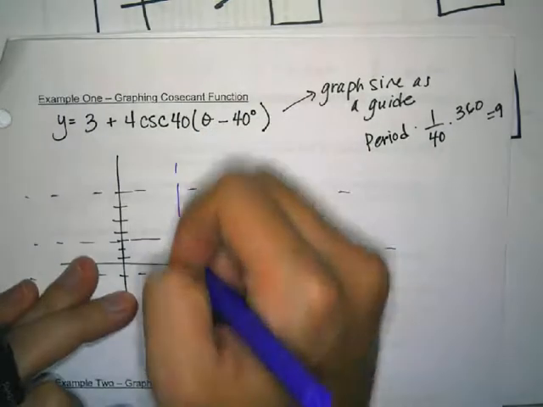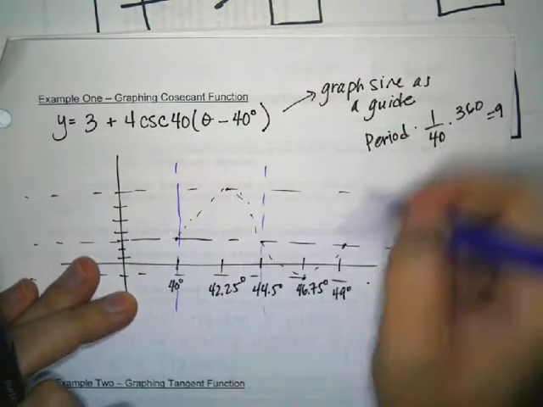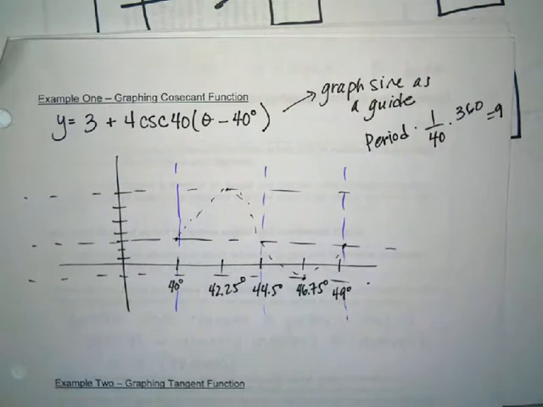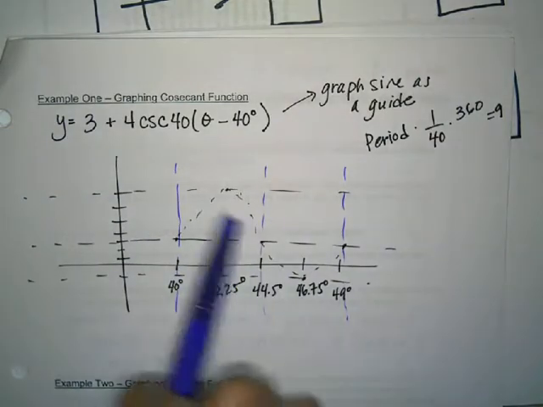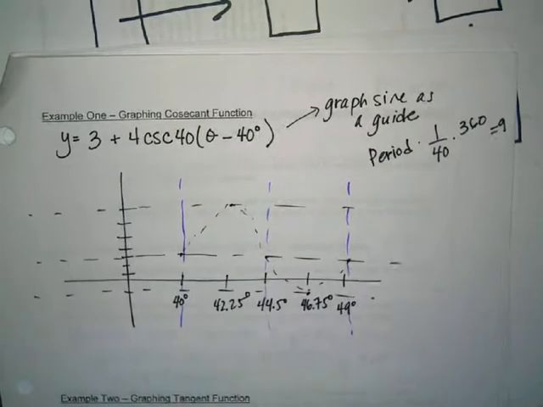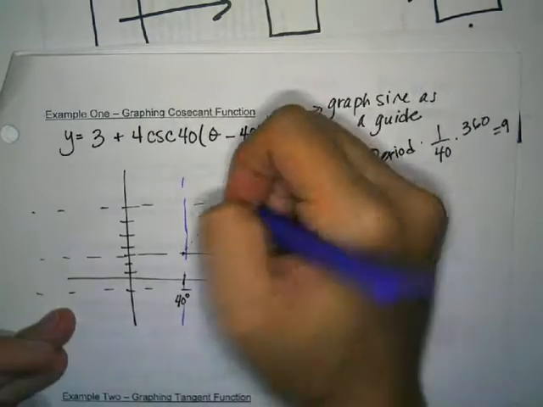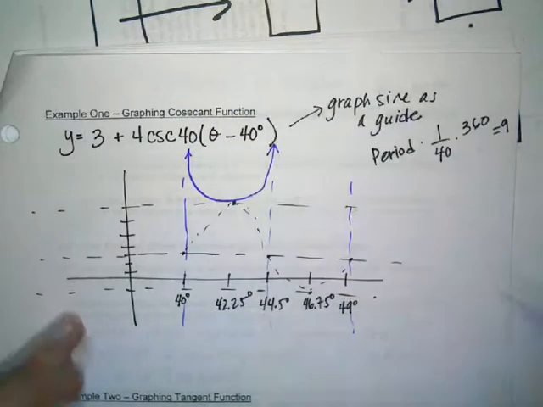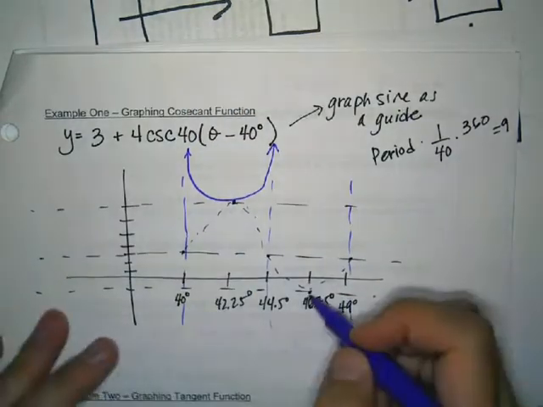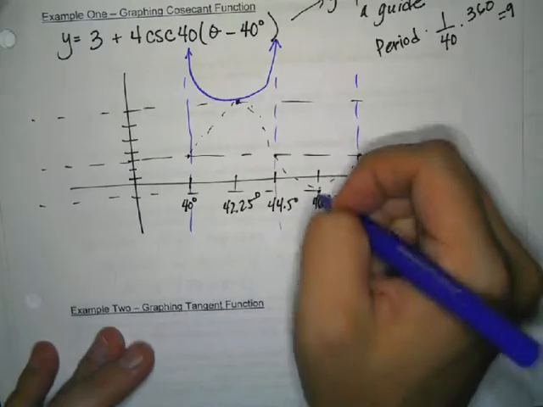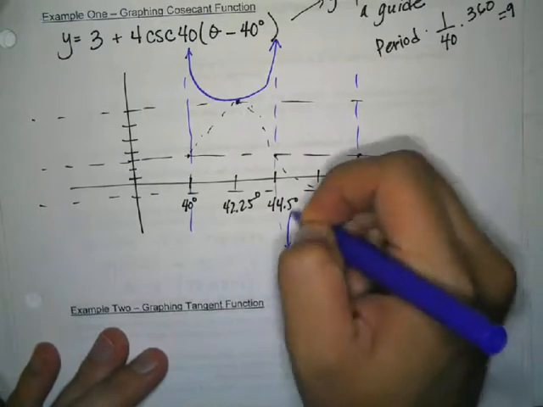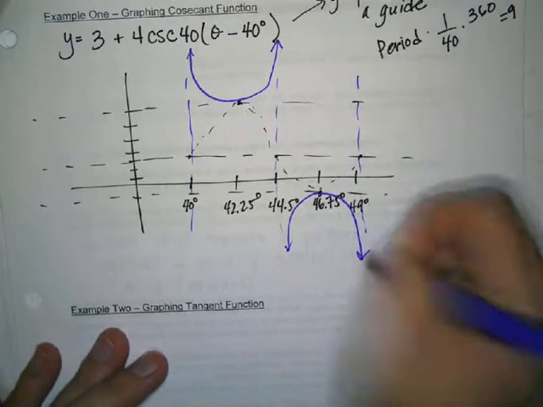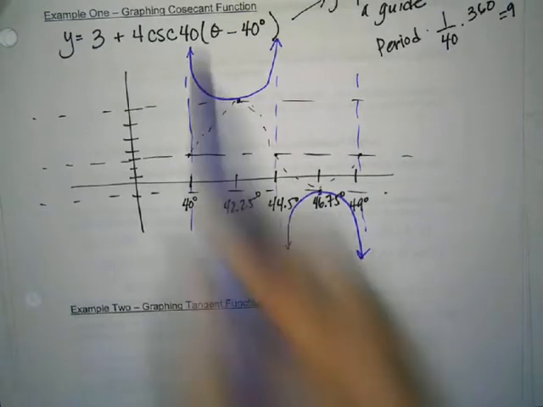This is where my asymptotes go for my cosecant function. And then wherever sine has a hill, cosecant has a valley, and it follows the asymptotes in both directions. And wherever sine has a valley, cosecant has a hill. Okay? And then this pattern would occur every time.